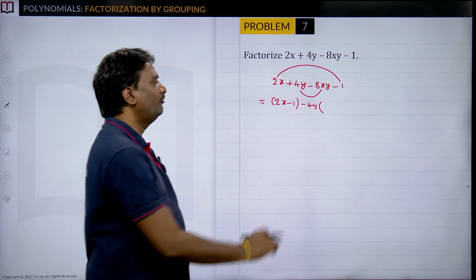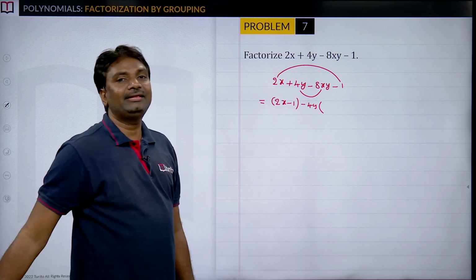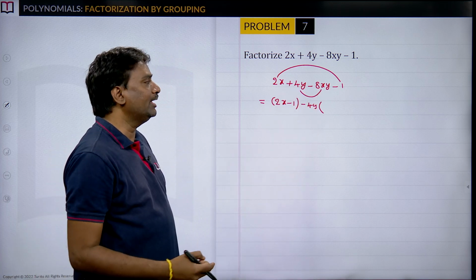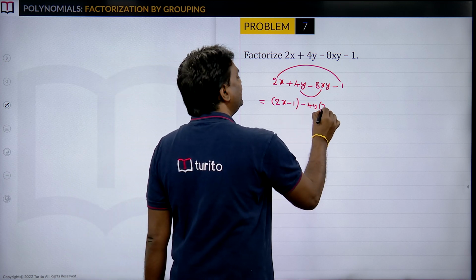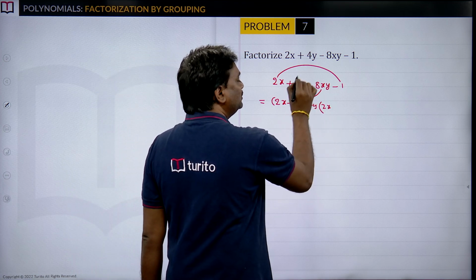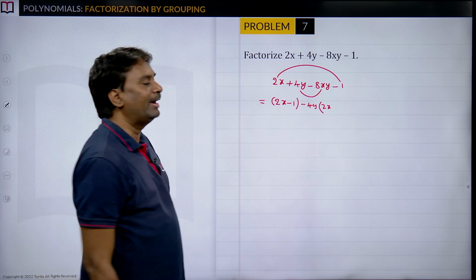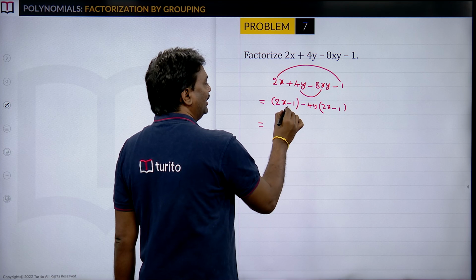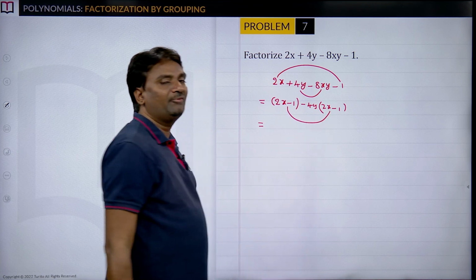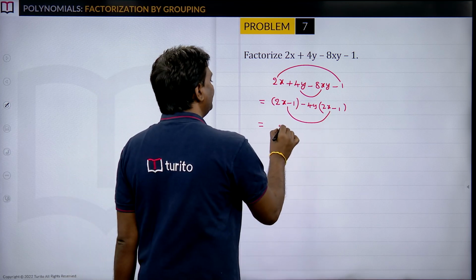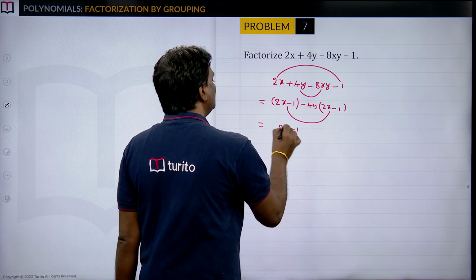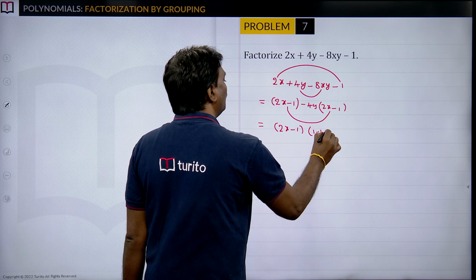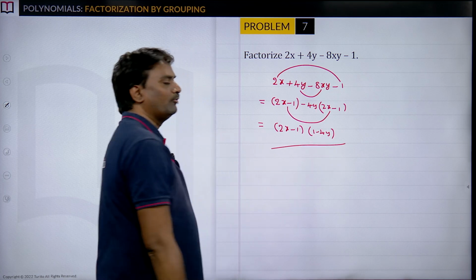By taking minus 4y as common, where 8 can be written as 4 into 2, you will get 2x, and since we have taken minus 4y as common, you will get minus 1. Here we have 2x minus 1, here we have 2x minus 1. That is why by taking 2x minus 1 as common, you will get 1 minus 4y.